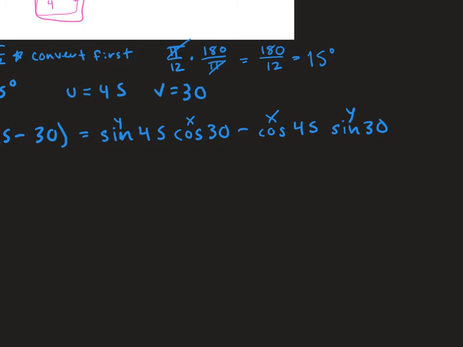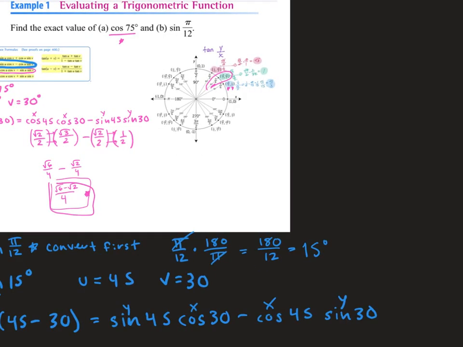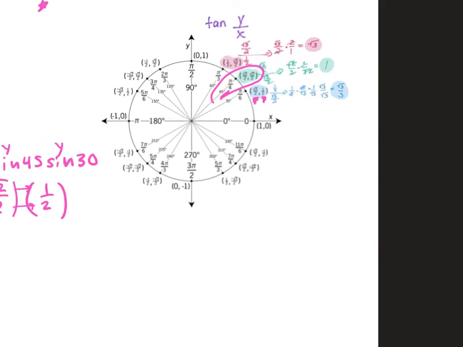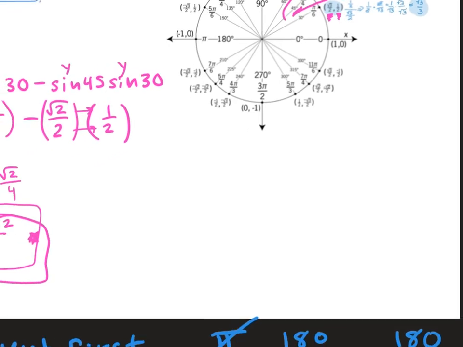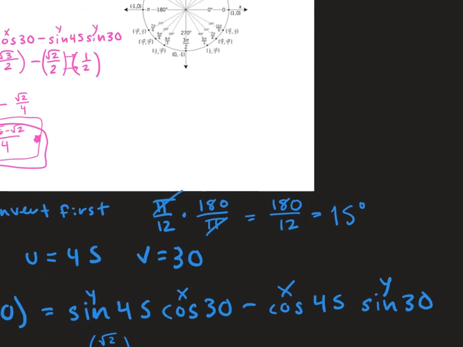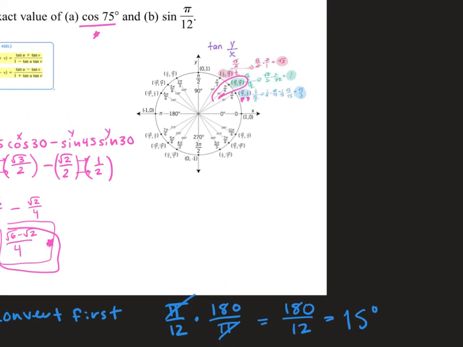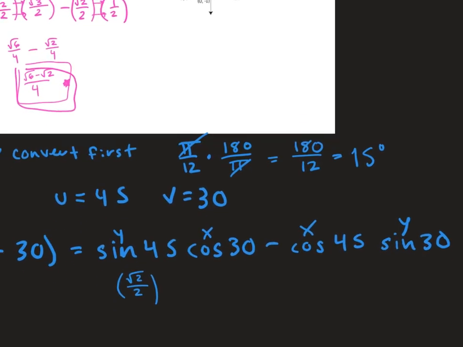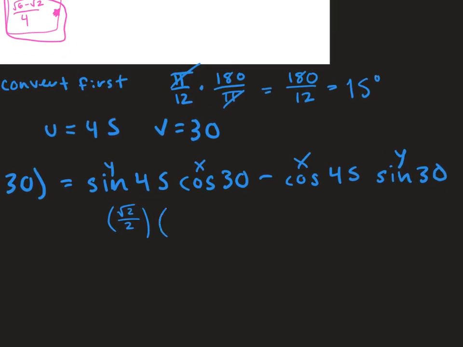So what is the sine of 45 degrees? Square root 2 over 2. What is the cosine of 30? Square root 3 over 2.